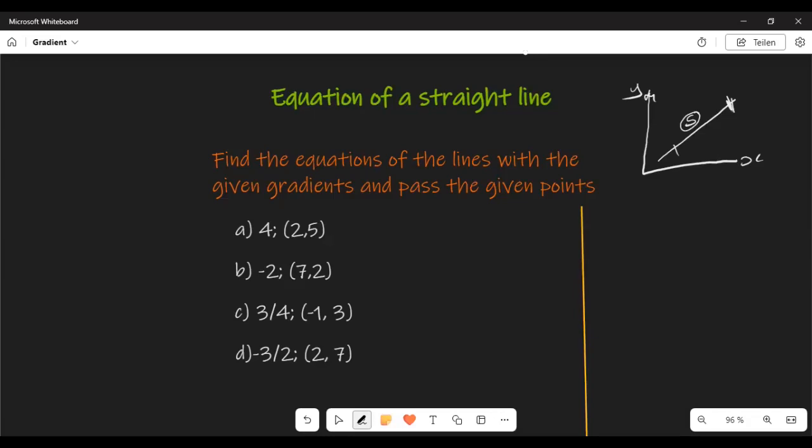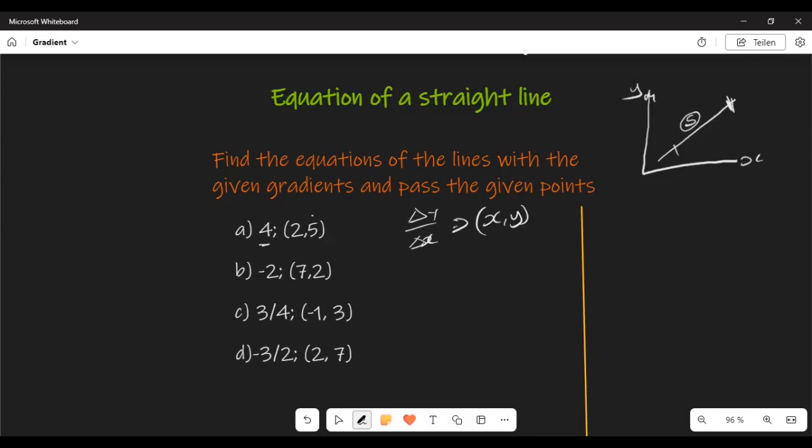In most cases, we use the principle: change in y over change in x. So basically, we're going to introduce a second coordinate, which is going to be, let's say for this case, x and y. That's what we're going to work with, taking this one minus this one.